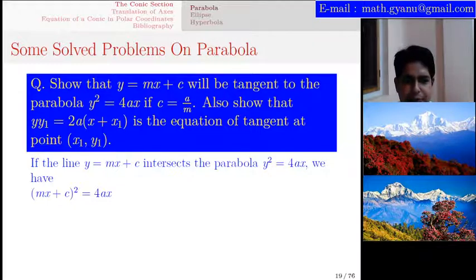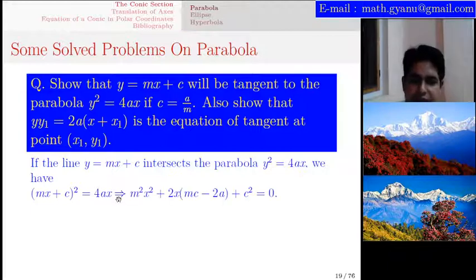Why? Simply substitute the value of y from the equation of the line into the equation of the curve y square equal to 4ax. From the first equation y equal to mx plus c, you substitute the value of y in the second equation, the equation of the parabola. Then it will be of the form mx plus c whole square equal to 4ax.